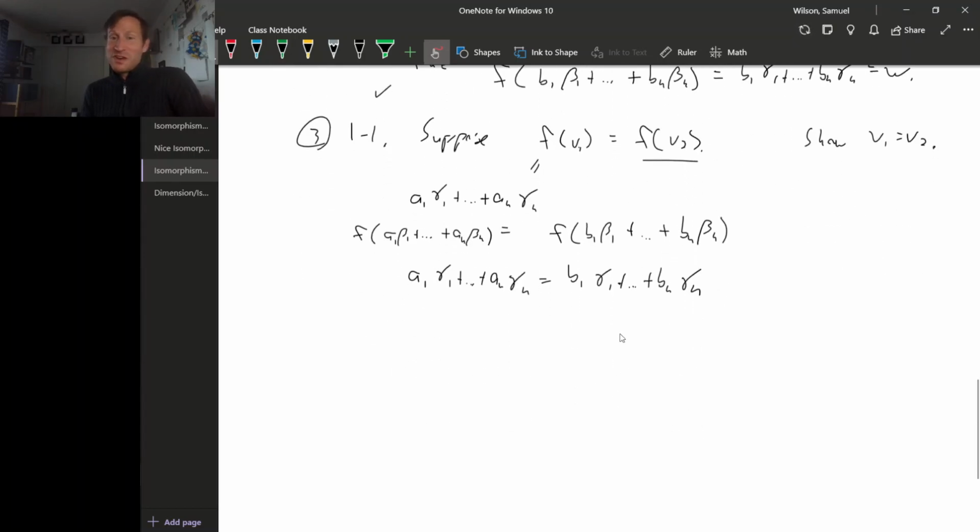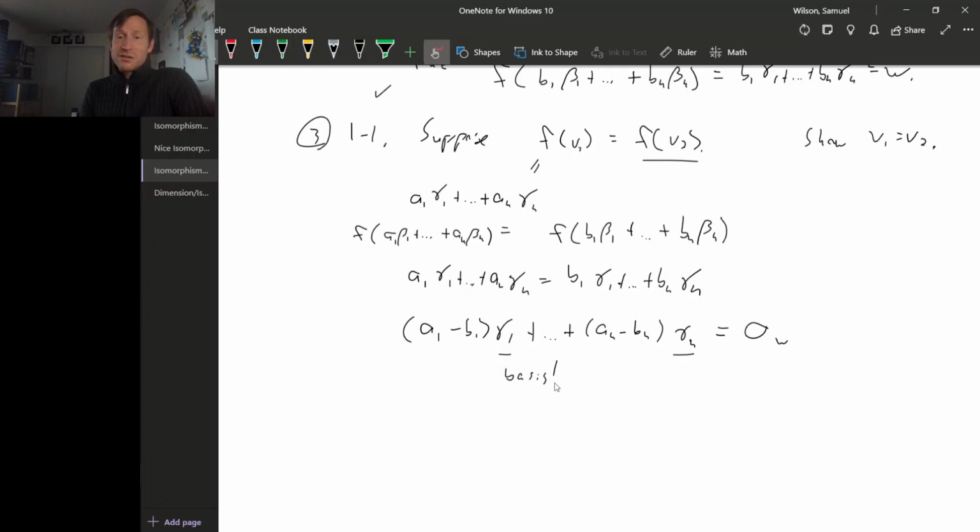But now we can move everything to the left-hand side and collect like terms. We get (a1 minus b1) gamma 1 plus dot dot dot plus (an minus bn) gamma n, and on the right-hand side, we get the zero vector in W. But we know that gamma 1 through gamma n are a basis.